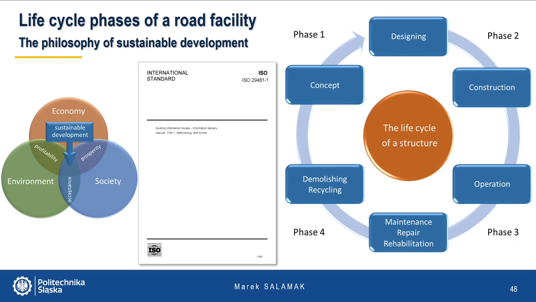And this graph is broadly consistent with this. So we have four phases, which include the planning of the facility and concepts, design, construction, use, operation, repeated maintenance, repair, and rehabilitation, as well as final demolition and disposal.